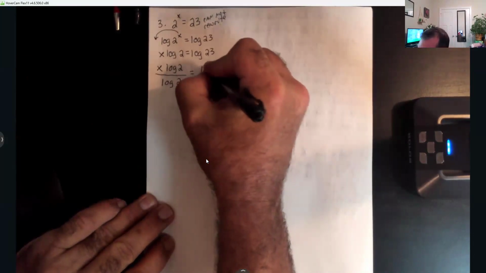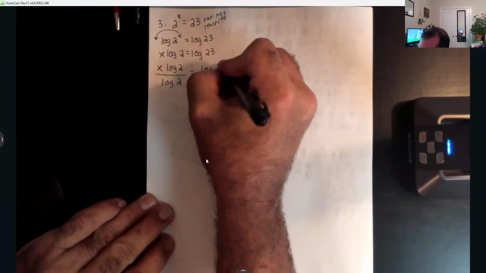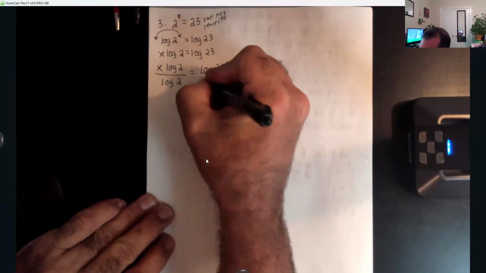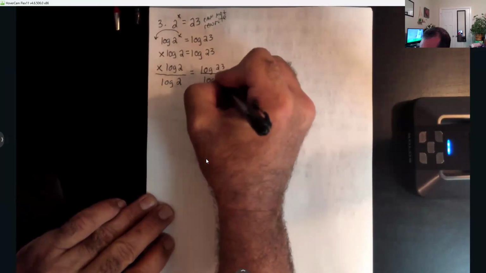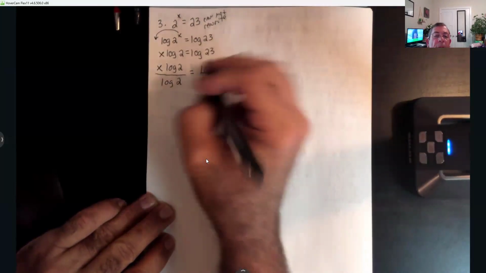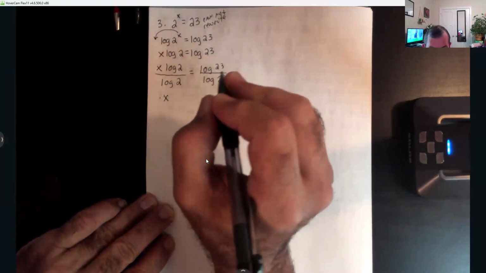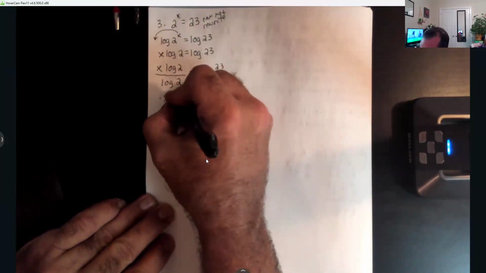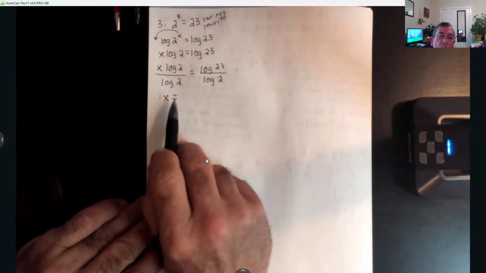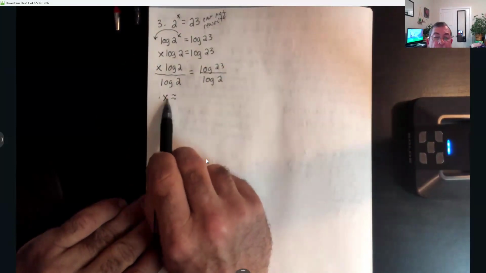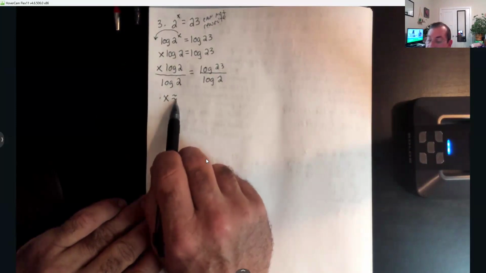And then over here, we got our log 23 divided by log of 2. So y'all, like I said, this side cancels out. We got our x. Now, since we're going to approximate the answer, they use those little squiggly equal signs.